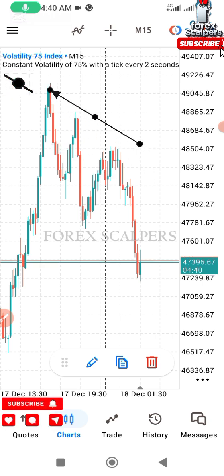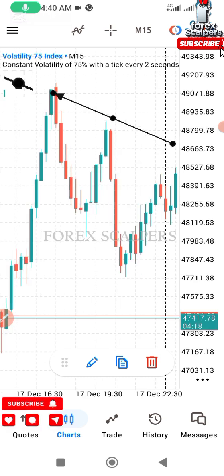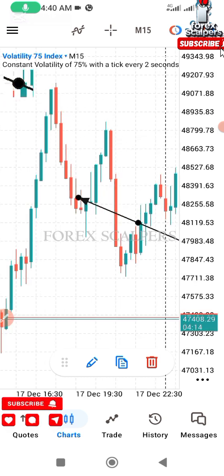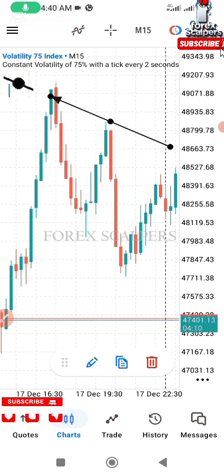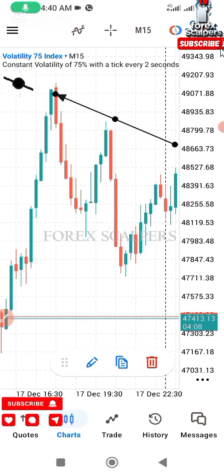Before this bearish movement to the downside, there is this bullish candle that was formed here. This last bullish candle before this bearish movement. So your bearish order block is this last bullish candle before this bearish move.